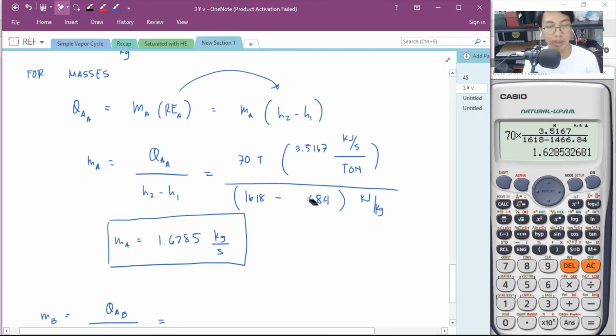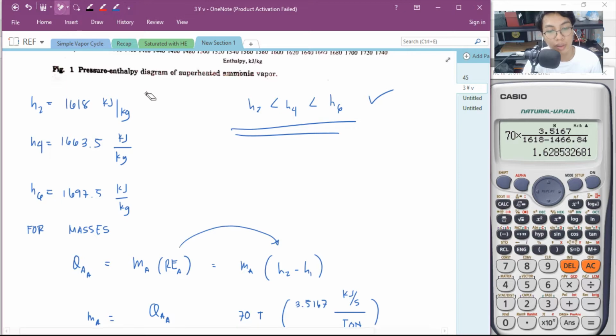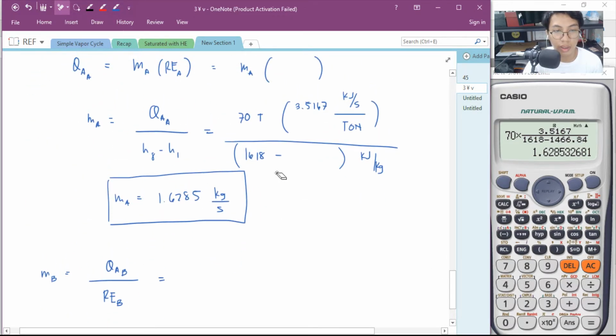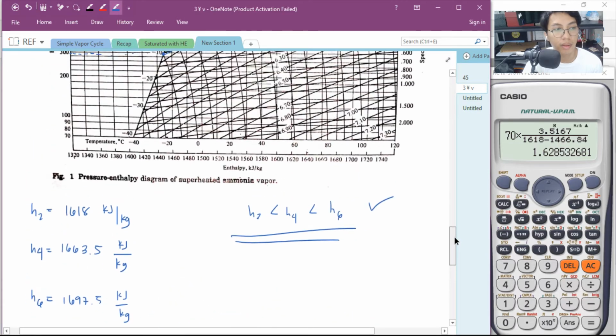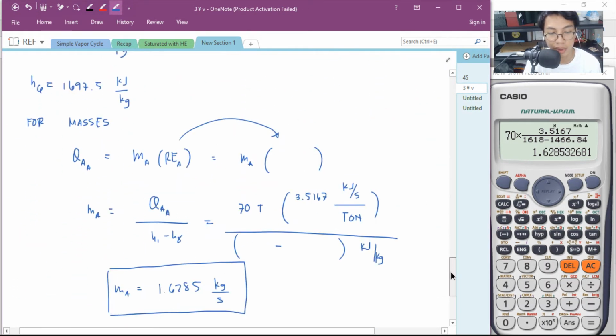QB, H1 and H8. My bad. Kaya pala tinitignan ko na naman yung compressor. Balik na rin natin. H1 minus H8. Tama ba? Okay na. H1 minus H8.